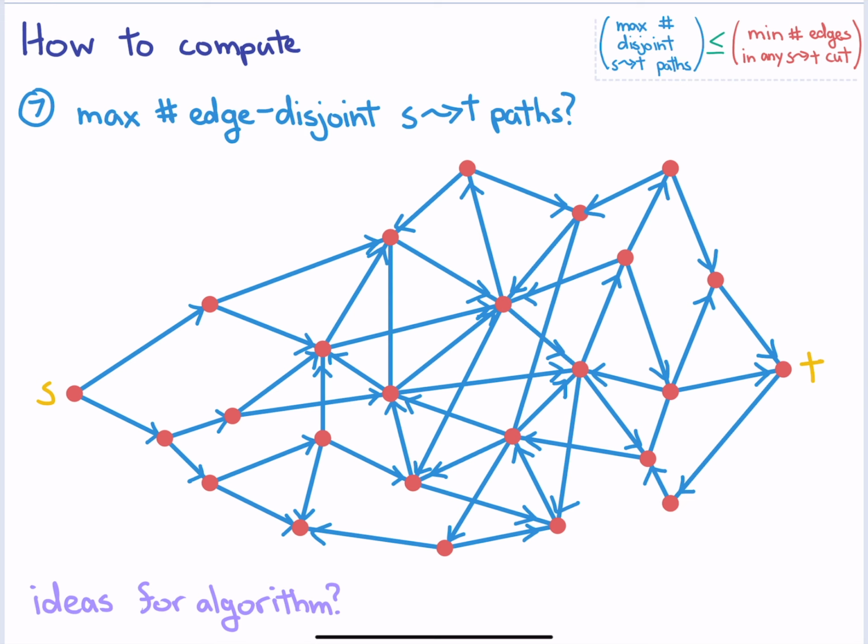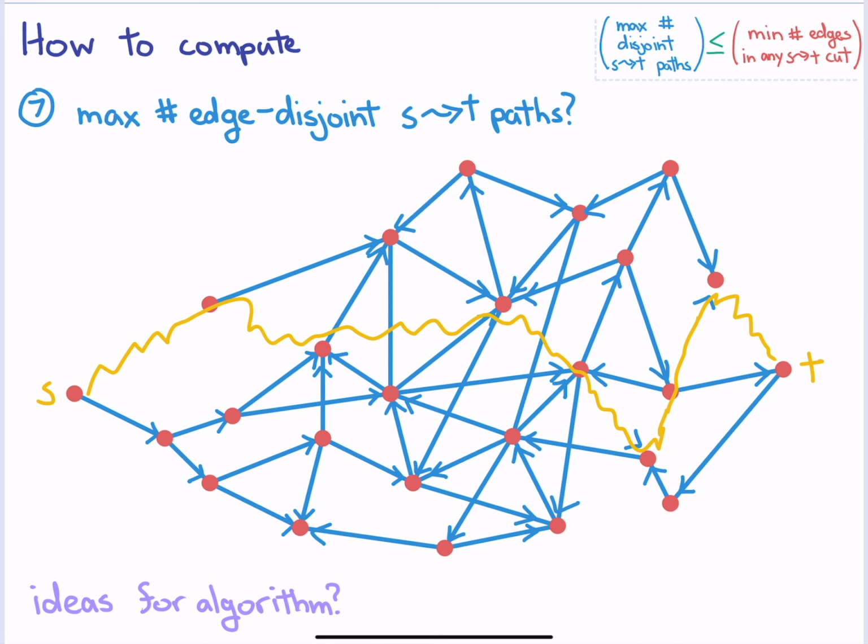If I remember correctly, I think this was one of the paths. It went this way, down. So we found one path like that. And if you want to make sure you don't use those edges again, we can delete them. Let me painstakingly delete these edges.